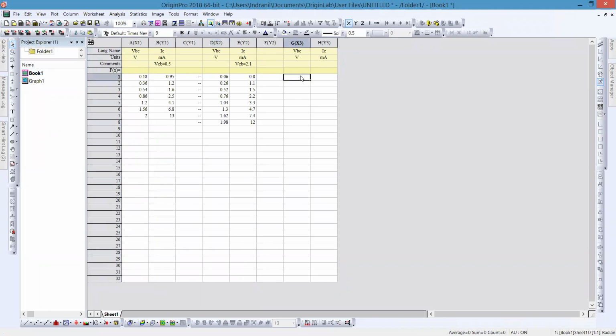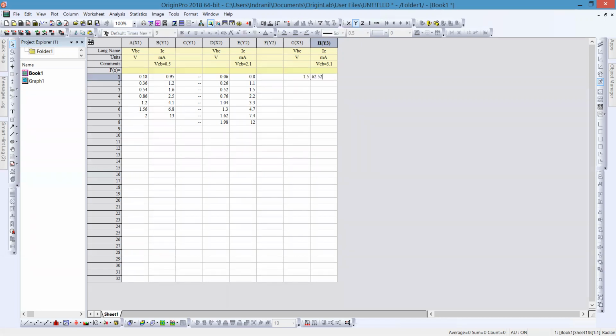Yes, please tell me VCB in volts and IE in milliamps. So VCB value 3.1, will you note it? Thank you. 1.5 volt, 62.52 milliamps.